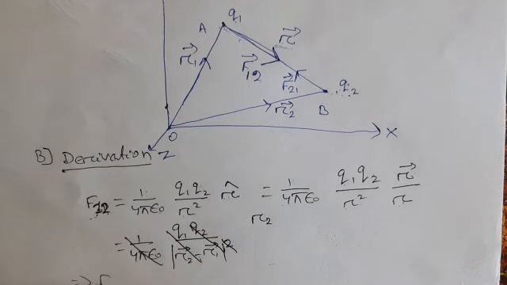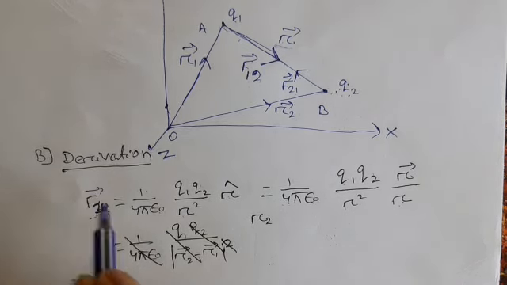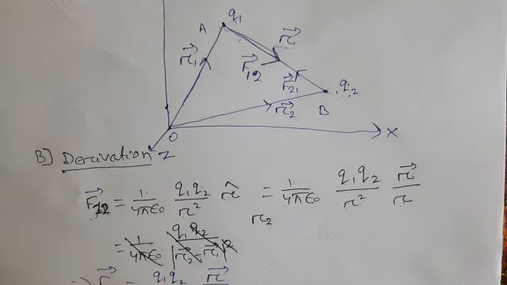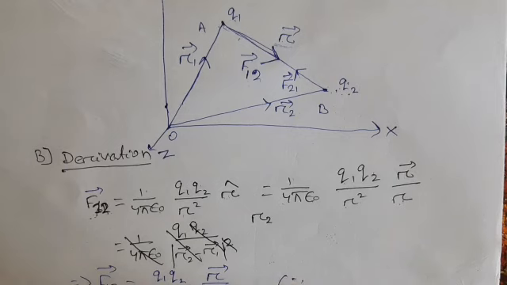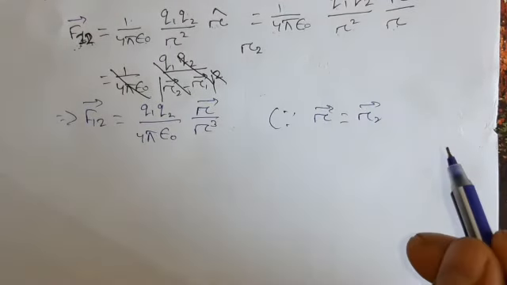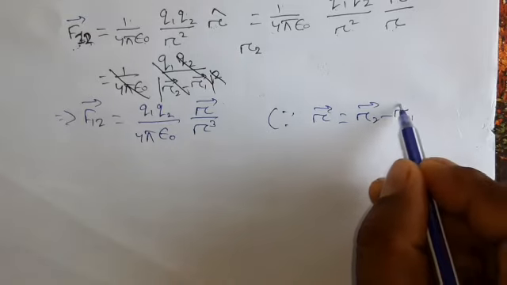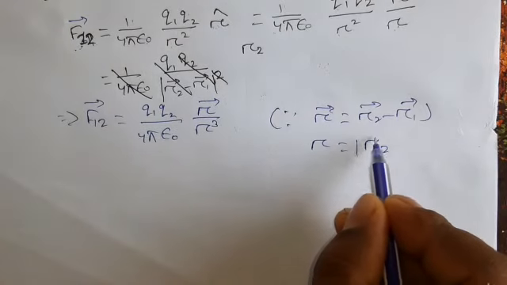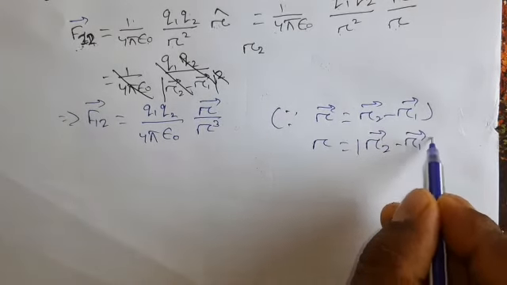That implies F12 vector equals q1 q2 by 4 pi epsilon naught, r vector by r cube. And you know what r vector is: r vector equals r2 vector minus r1 vector, and r equals the magnitude of r2 vector minus r1 vector.